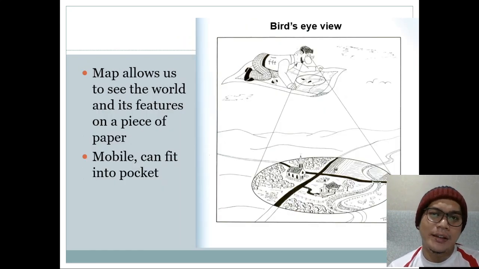So the idea of having all of this technology, especially GIS, is that we want to map the earth. We want to map our regions. Why?